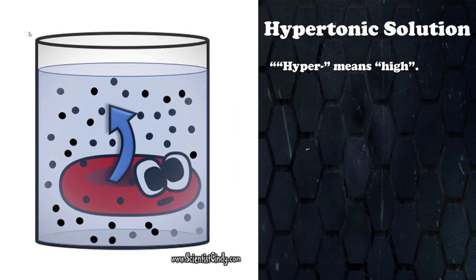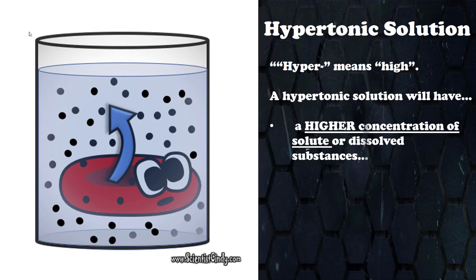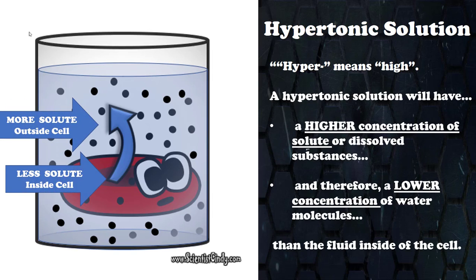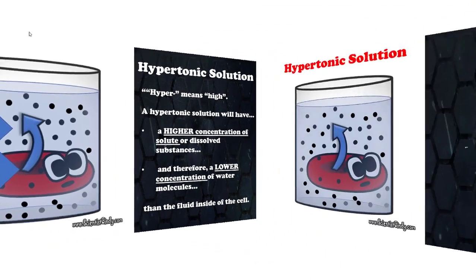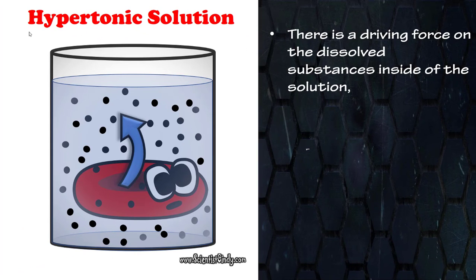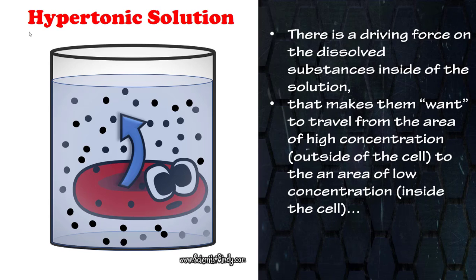Hyper means high. A hypertonic solution will have a higher concentration of solute or dissolved substances, and therefore a lower concentration of water molecules than the fluid inside of the cell. There is a driving force on the dissolved substances inside of the solution that makes them want to travel from the area of high concentration outside of the cell to the area of low concentration inside of the cell, but they can't.